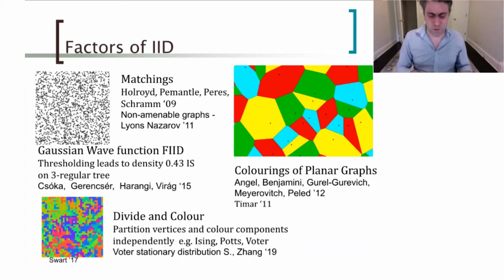And these coalescing random walks will essentially partition all of the vertices in the plane into components. And so you end up with a partition of the plane into infinitely many infinite components. And then the Voter model is just to assign each component a random color.